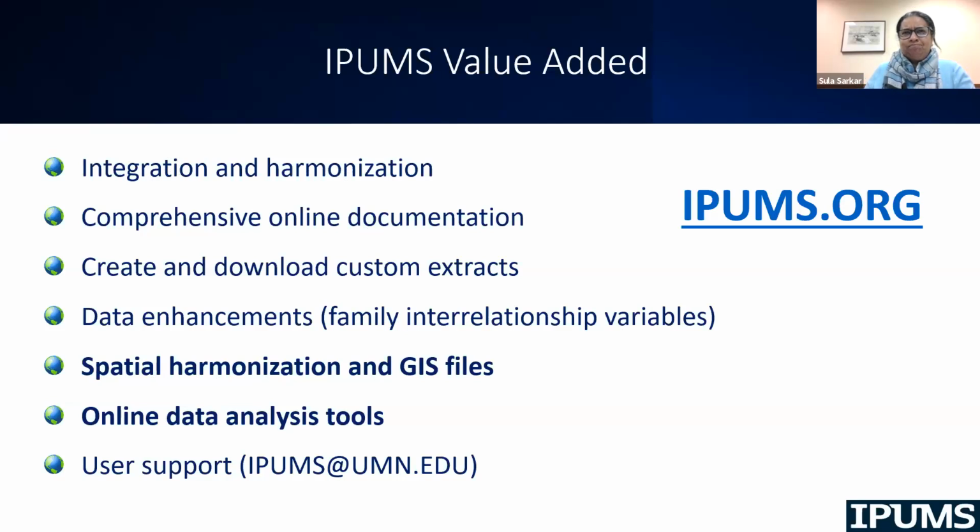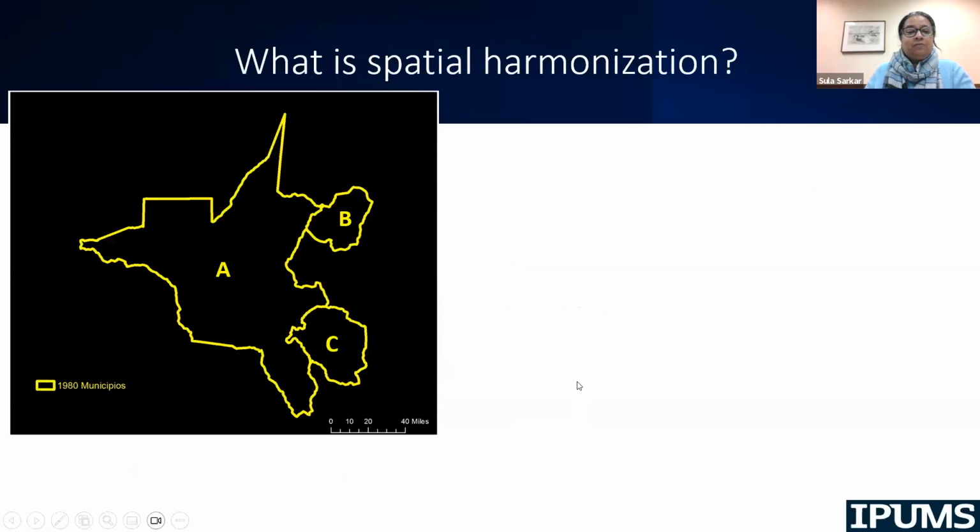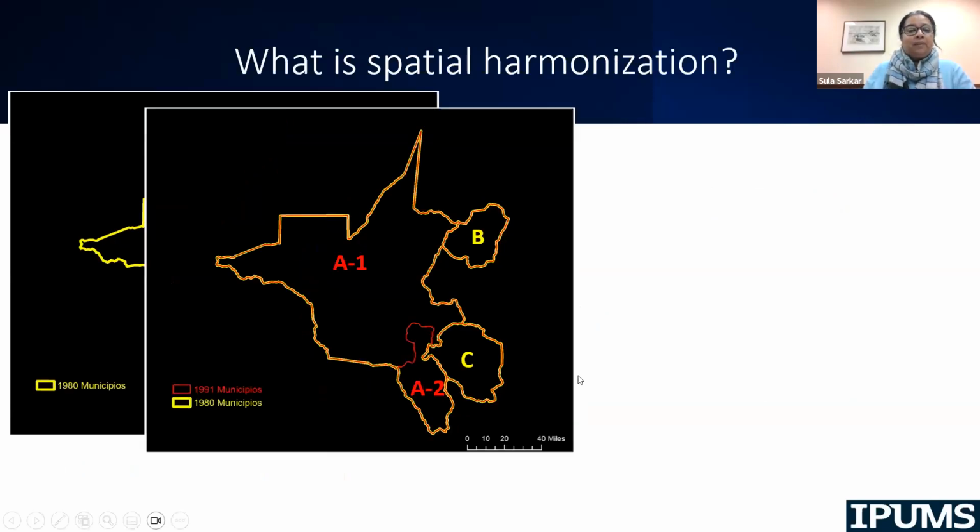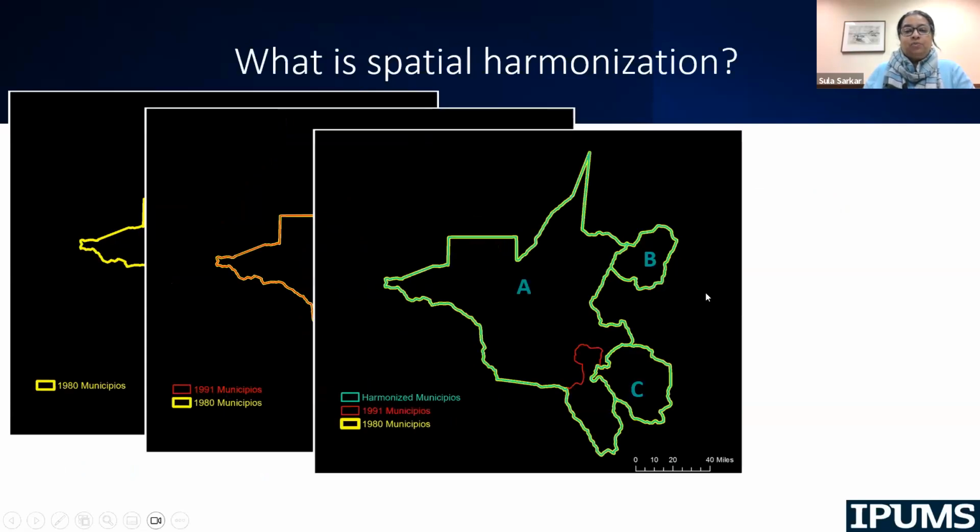Boundaries change, like a unit administrative boundary changes from one census to another, from one survey to another. So if you are doing time series analysis, how do you deal with that? That is the main topic here. Let's take a very simple map, and let's assume that in 1980, there are 3 units, A, B, and C. In 1991, A split into A1 and A2.